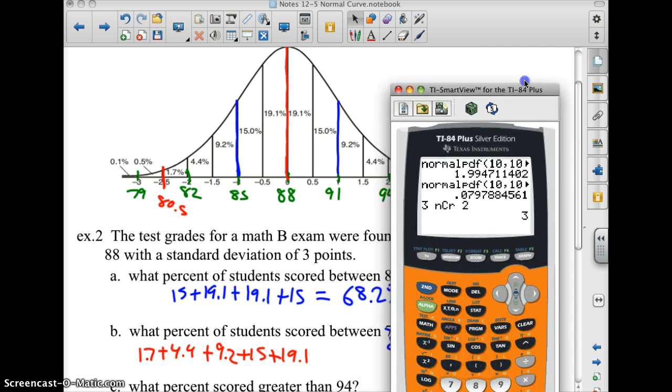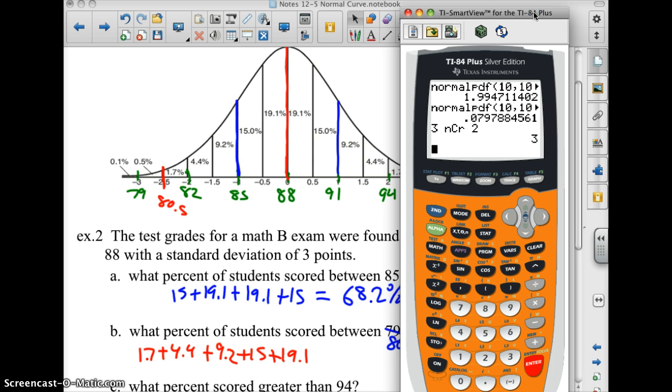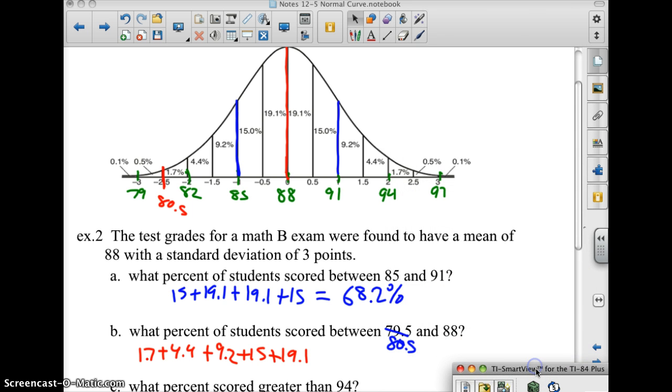Okay, and then you add those up, and then you'll find your answer. That gives you 49.4%. There is a shortcut to that.